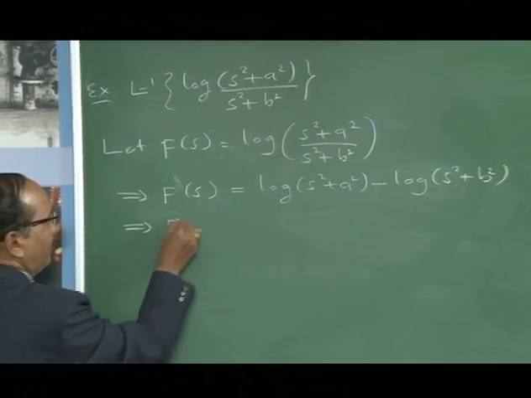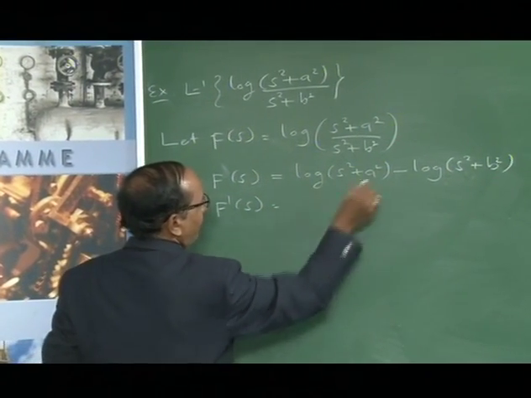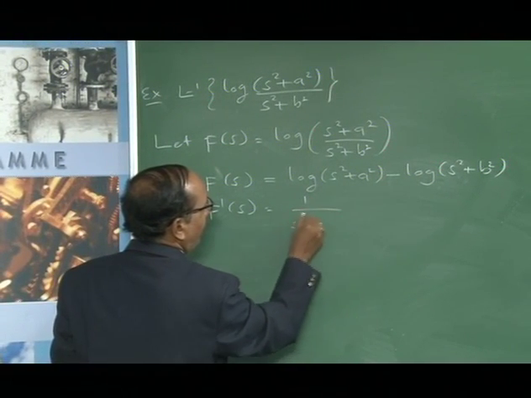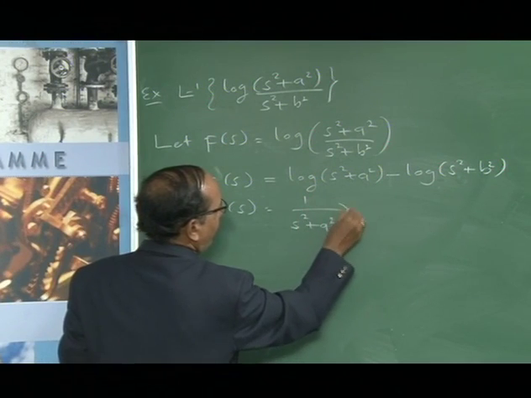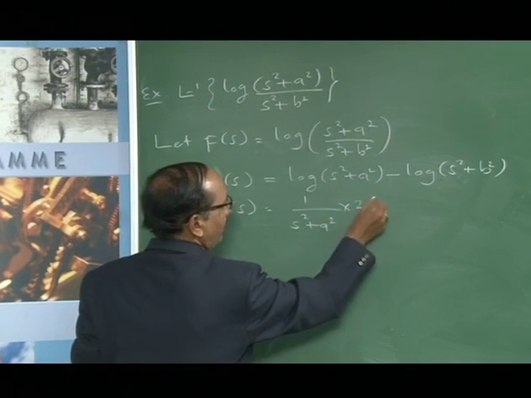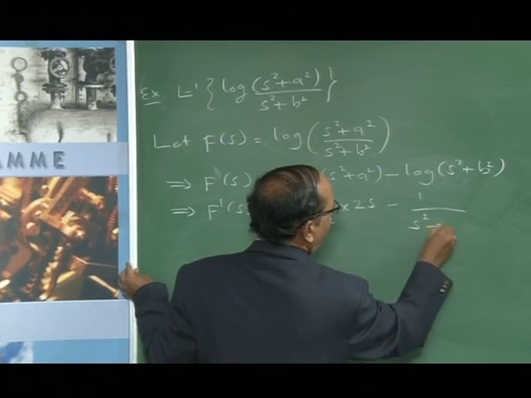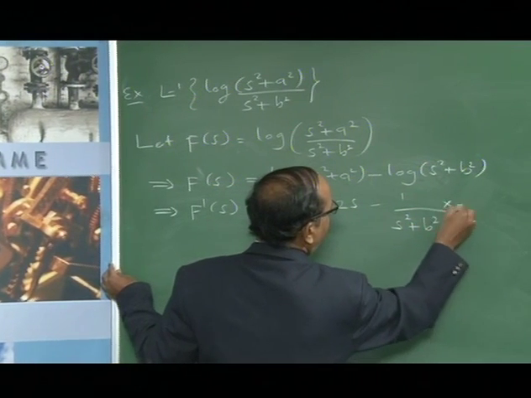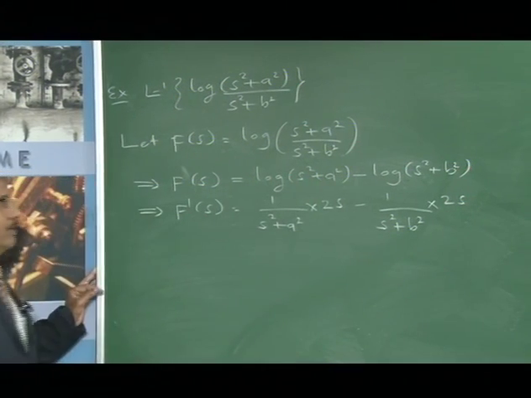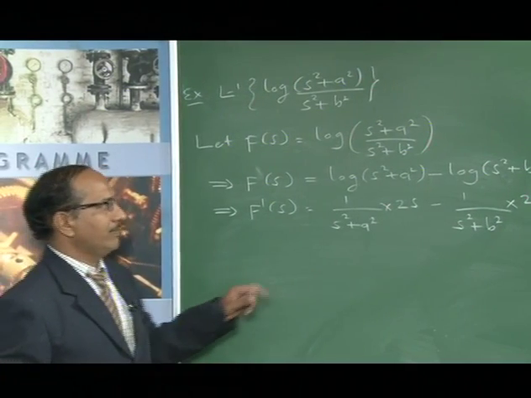So, differentiating with respect to s, f dash s is equal to differentiation of log of s square plus a square, that is 1 divided by s square plus a square into the derivative of s square plus a square, that is 2s. Similarly, 1 divided by s square plus b square into its derivative 2s. So, after the first derivative, I can easily find the inverse of both the terms.